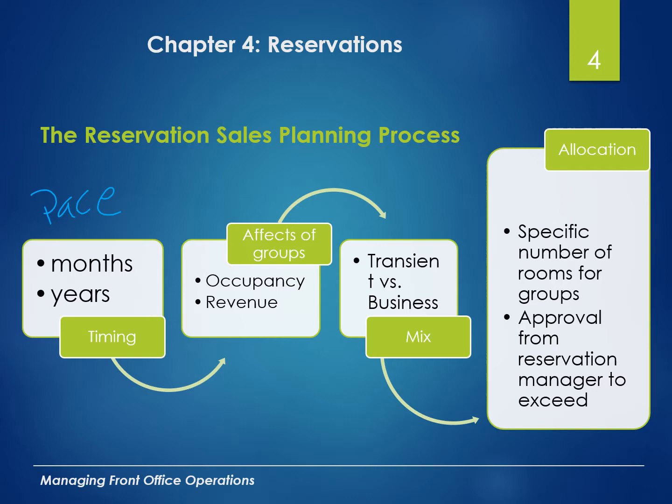The way that a group affects our hotel is through occupancy and revenue. So we want to make sure that we're maximizing our revenue and that we are getting as close as possible to 100% occupancy. And so sometimes groups will ask for a large percentage of our hotel.